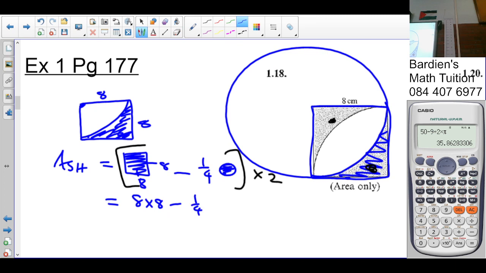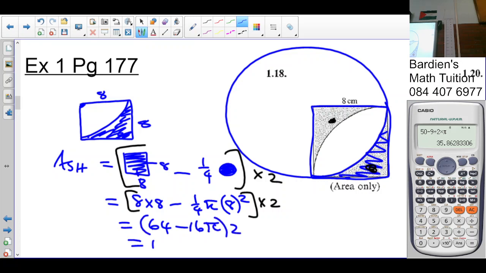What's the area of the circle? Pi r squared, which is 8 squared. So it's going to be 64 minus 64 divided by 4 is 16 pi, times 2. So that's going to be 128 minus 2 times 16 is 32 pi.